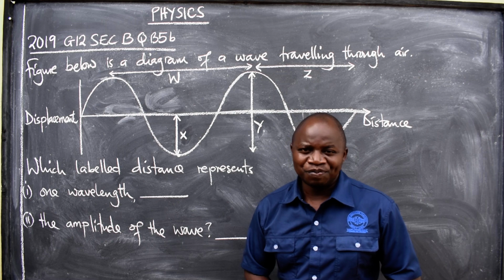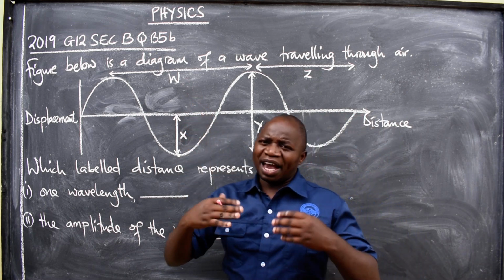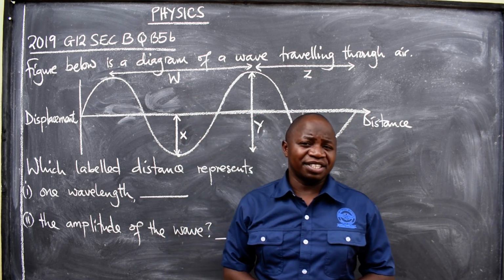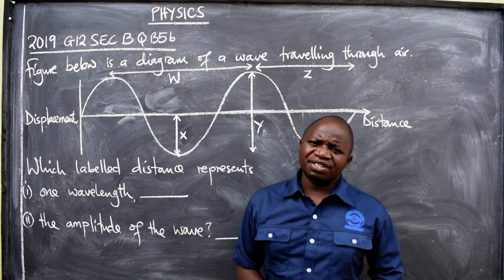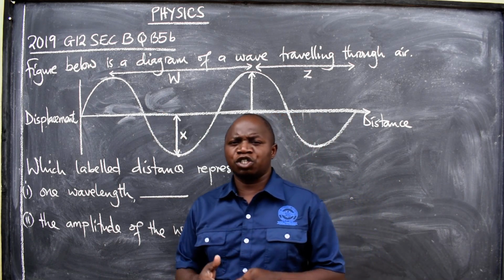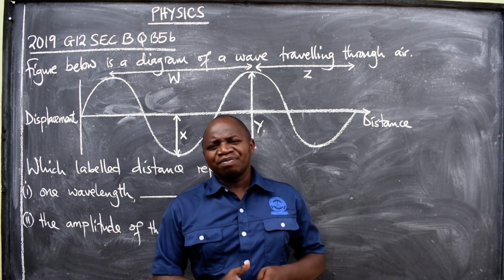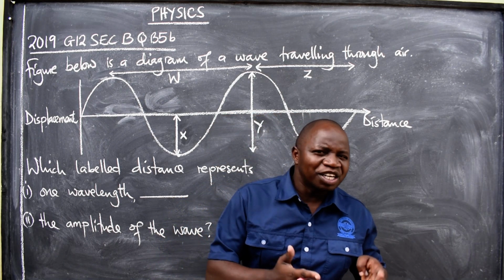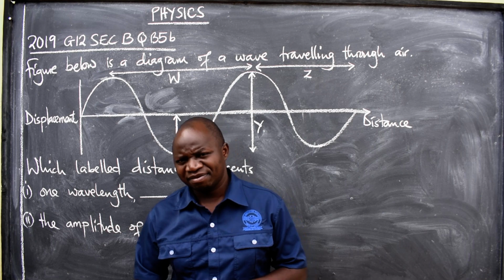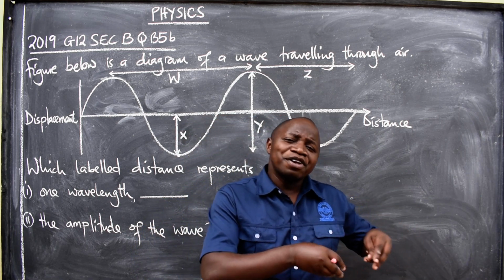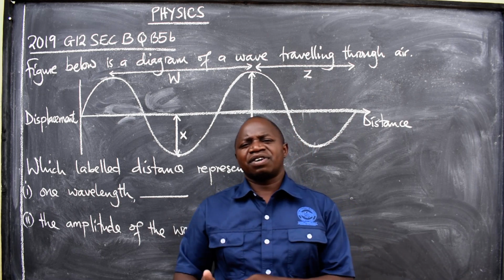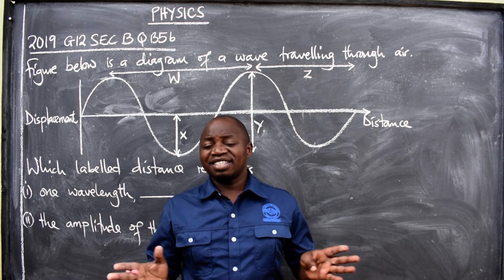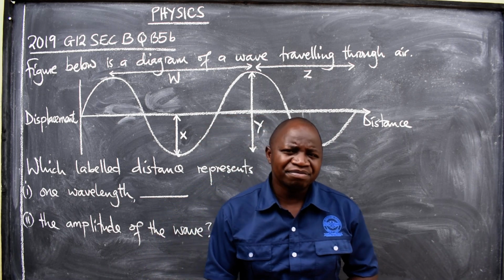The first thing is we identify the topic from which the question is coming. This is from wave motion. When we say wave, we are talking about a disturbance that travels from one point to the other, and it carries energy as it is traveling. That is a simple definition of a wave.